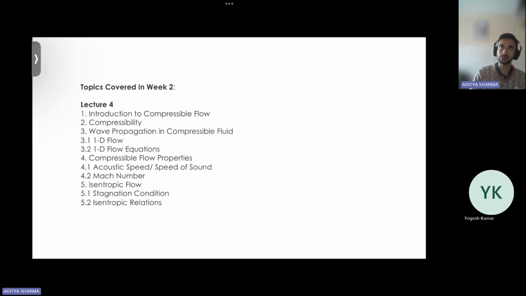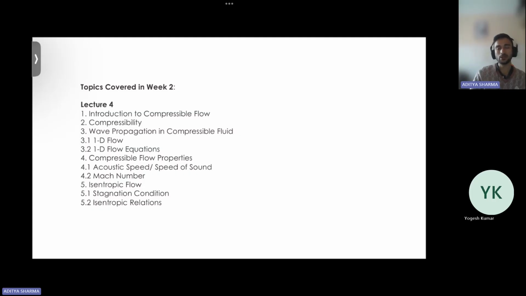In this week two lectures we step into the compressible flows. So here we saw the definition of compressible flow and what compressibility is.